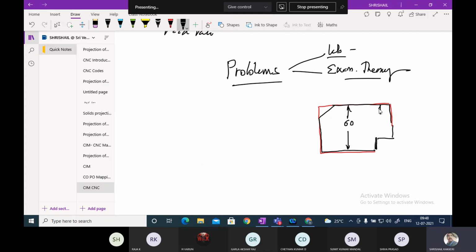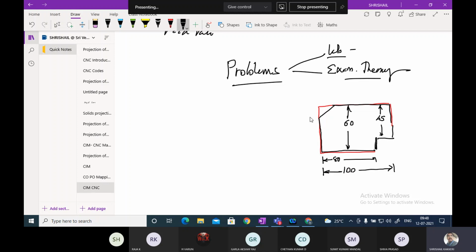This is 45 mm, and this is 80 mm. This is 100 mm. All of you please write it yourself.